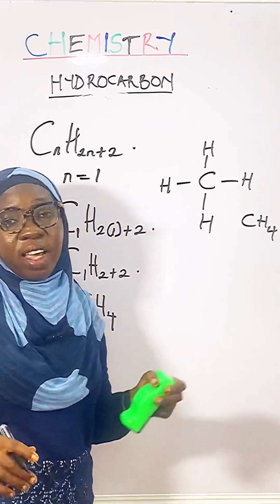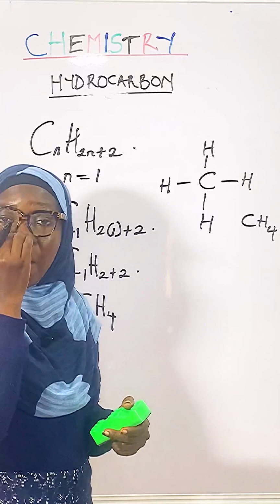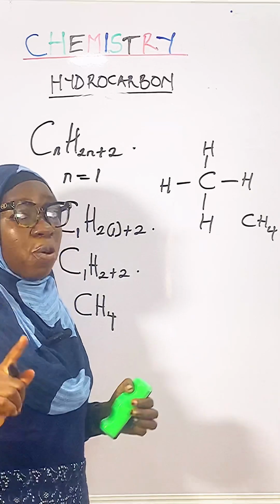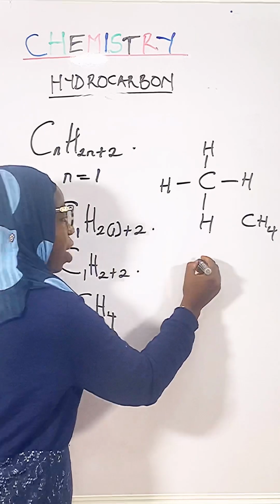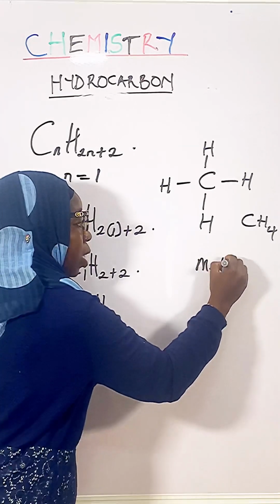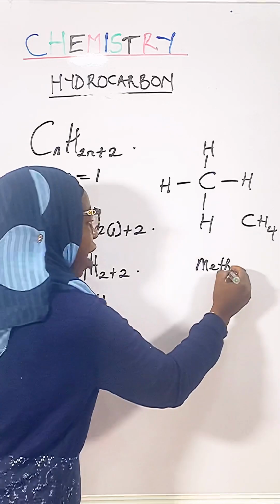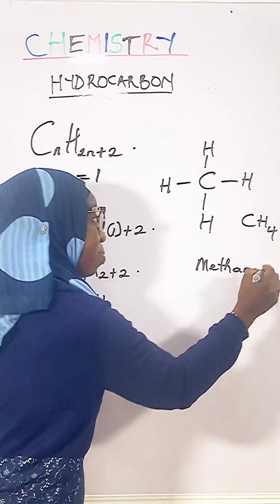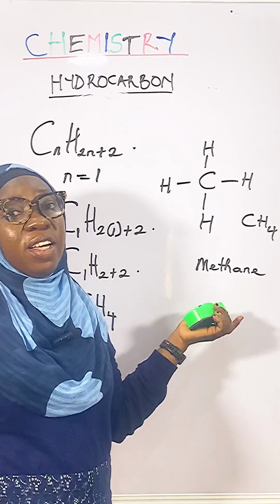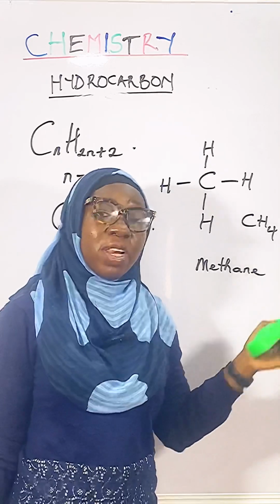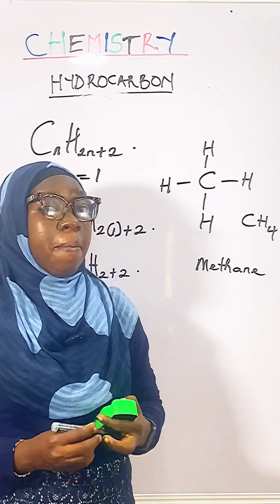Remember, I said a compound that contains one carbon atom, we start with meth. So we write meth, then we end it with ANE. If we add ANE to this, it becomes methane. So the first family of the alkane group is called methane.